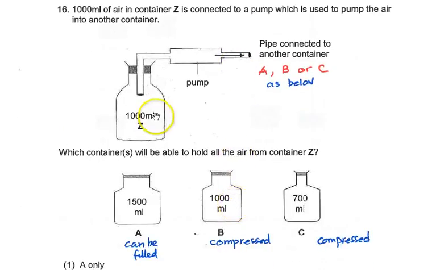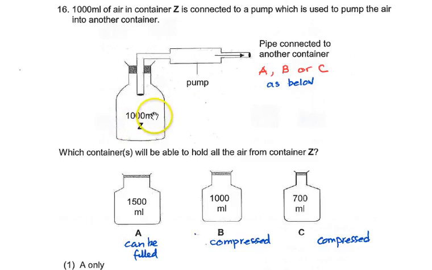Now over here, it means if I'm going to transfer or pump out the volume of this air inside, which is 1000 ml, from Z container into this A, B and C. Now the question is, which containers will be able to hold the air from container Z?